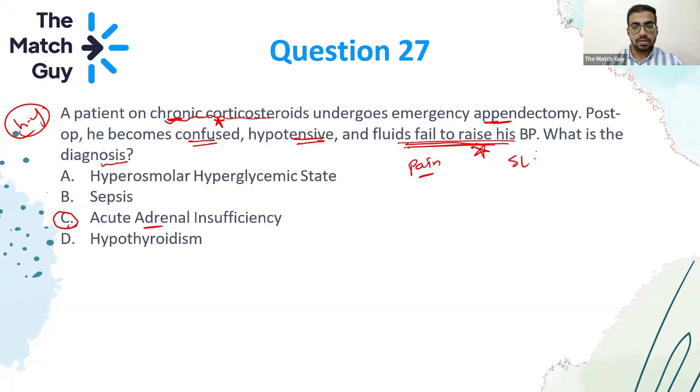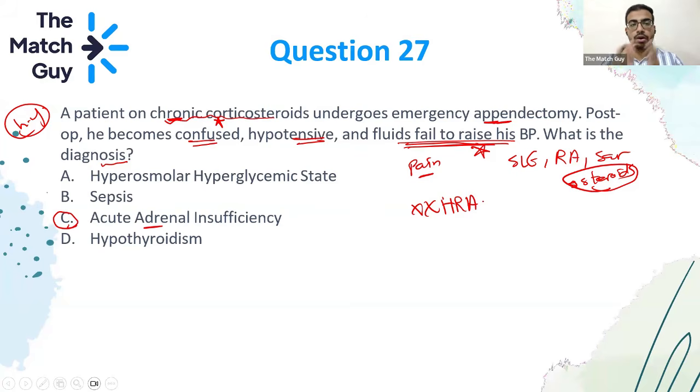Mostly this patient is going to be a lupus patient, rheumatoid arthritis patient, sarcoidosis, whatever, and he is on chronic steroids. And one thing about being on chronic steroids is this suppresses the normal hypothalamo-pituitary axis. And so the adrenal glands are no longer secreting cortisol. It's just now the steroids that we're giving from outside.